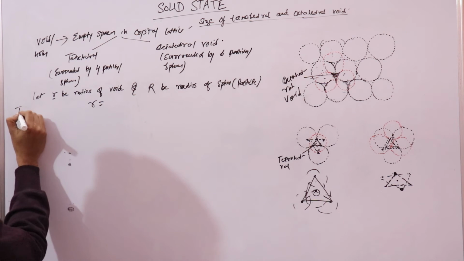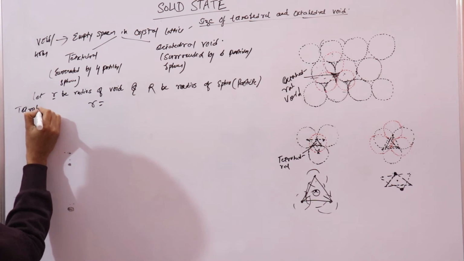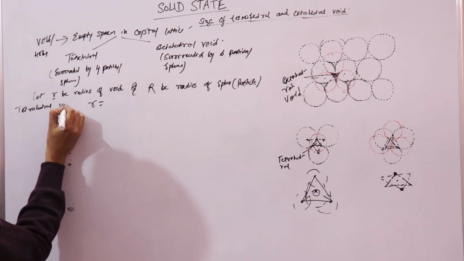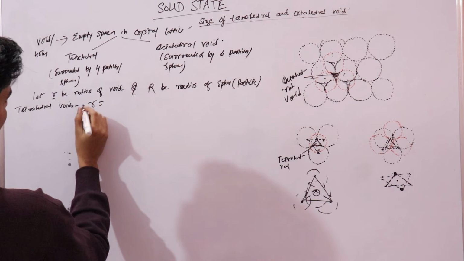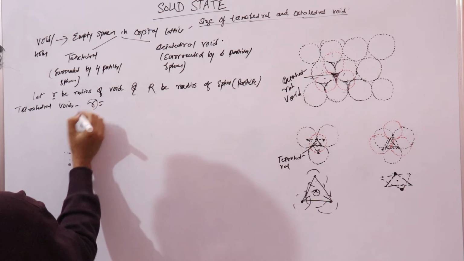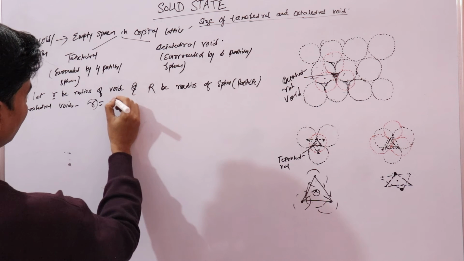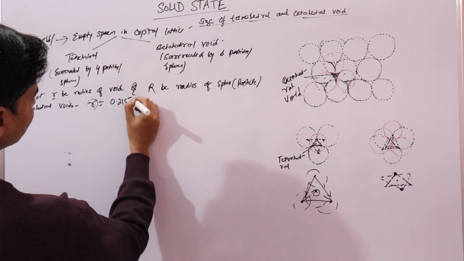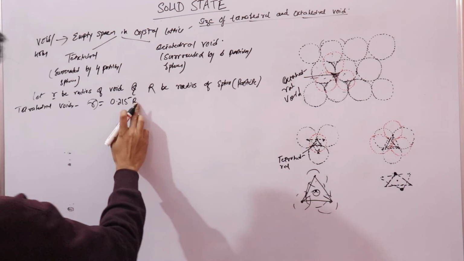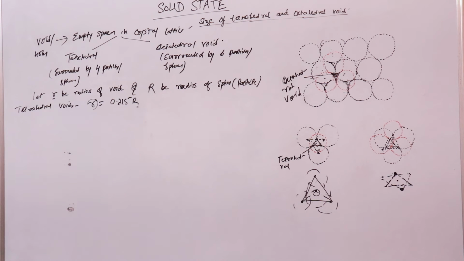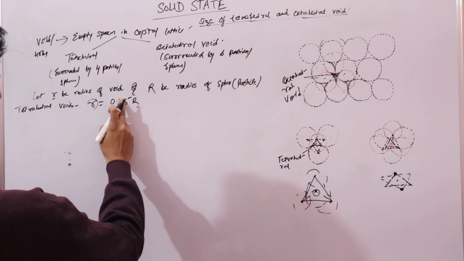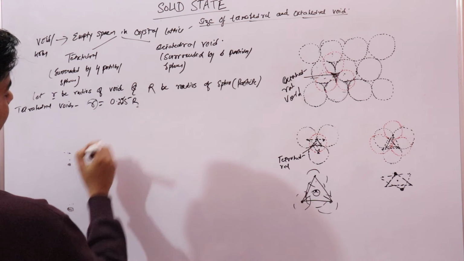For tetrahedral voids, the radius of the tetrahedral void would be equal to 0.215 times the radius of the sphere, or the radius of the particle. I'm sorry, this is not 0.215, this is 0.225.